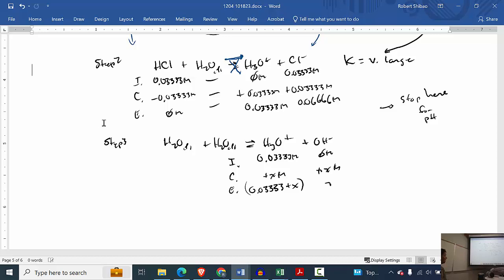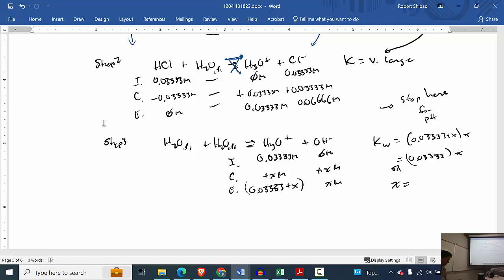We don't need a lot to get our ratio. And Kw is going to be equal to the hydronium times the hydroxide. Here we're going to just use a simplifying assumption, since Kw is so small, and then solve for X. So X is going to be Kw divided by 0.0333.